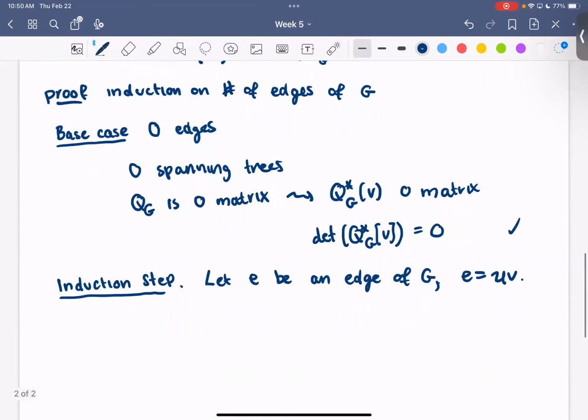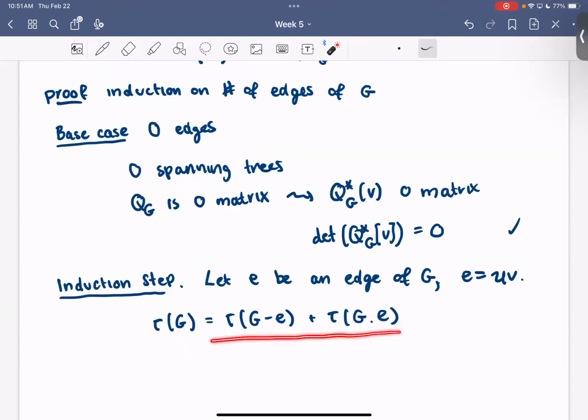Okay, so we had this proposition that said that the number of spanning trees of G is equal to the number of spanning trees of G minus E plus the number of spanning trees of G contract E. So the basic strategy is that this is the statement that makes our induction go, because these two graphs have fewer edges than G. So we're assuming that the statement holds for these graphs.